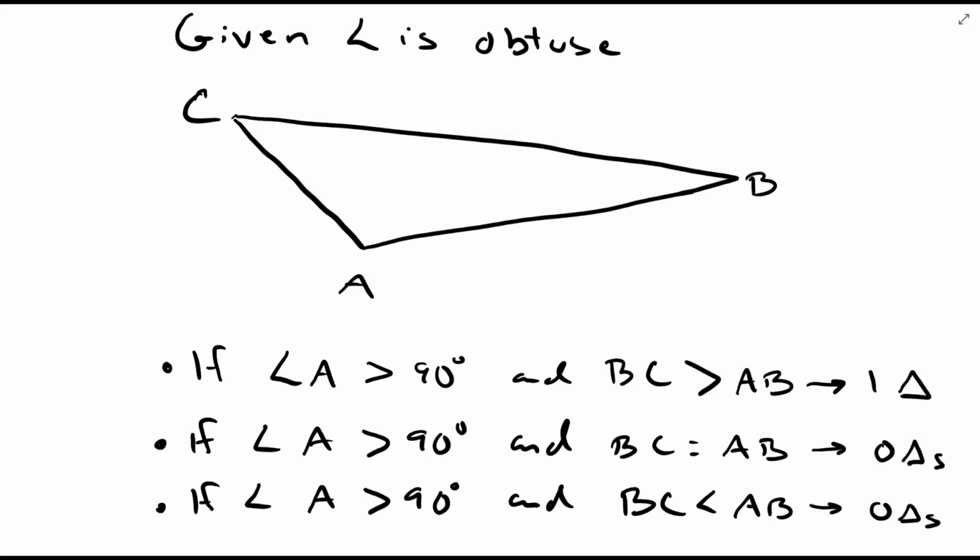But the obtuse angle situation is an easy one. So if the given angle is obtuse, all you have to do is check to make sure the hypotenuse is the longest side. And then you just go about doing the law of sines as given. You don't have to worry about any other situation other than that. Is everybody okay with that idea?